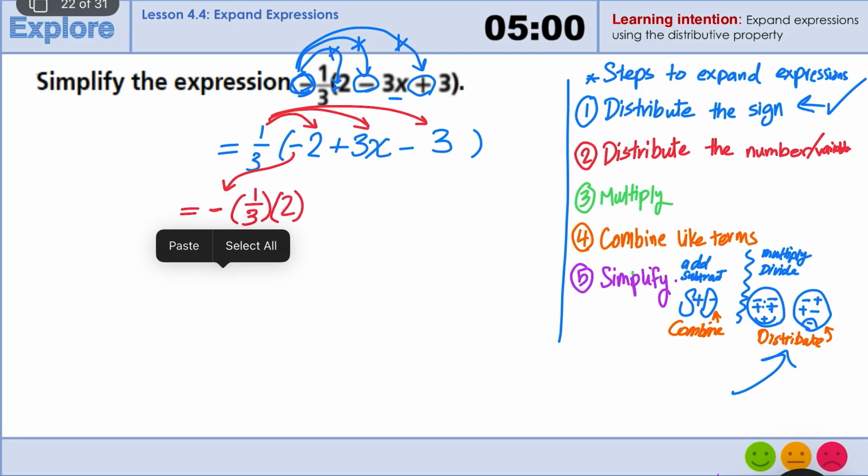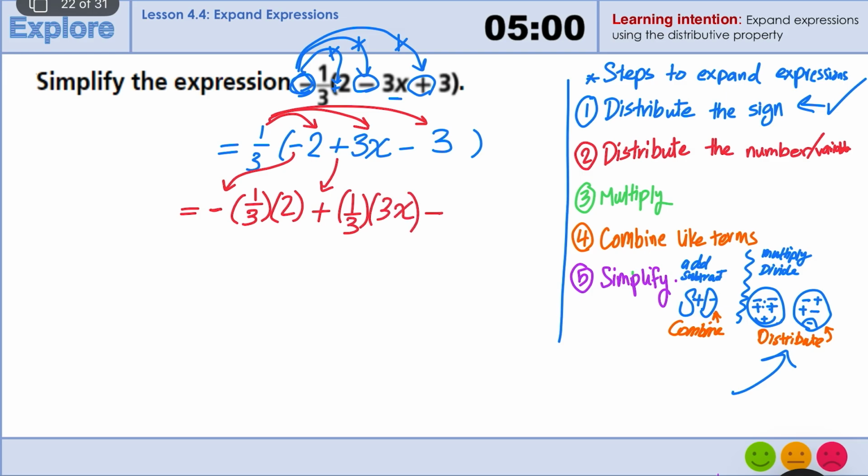When we are multiplying, we multiply using brackets. Again, put the sign outside and multiply 1 over 3 times 3x, all of it. Again, put the sign outside and multiply 1 over 3 times 3.